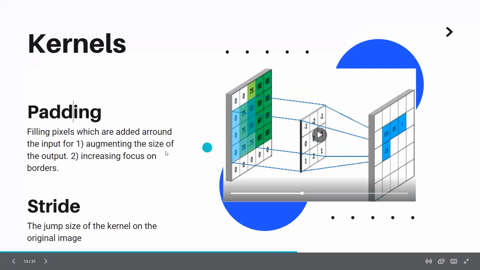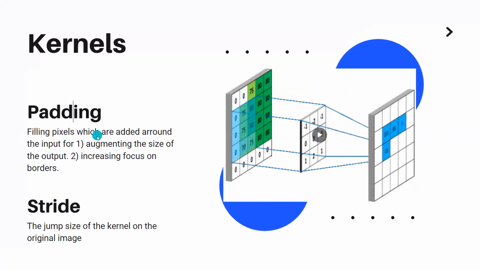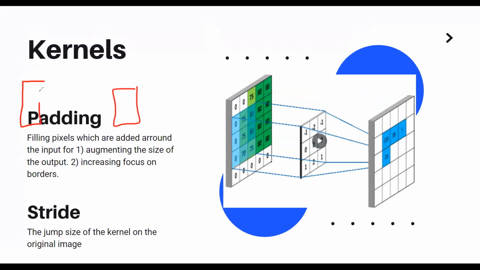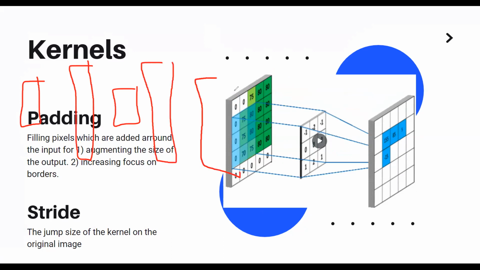So let's say, for example, that we are trying to make sure that the output size remains the same as the input throughout the different layers. So this is 1 convolutional layer, this is 2 convolutional layers, this is 3 convolutional layers, and we want the size to be always the same.